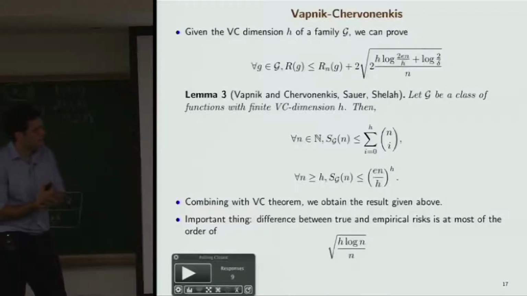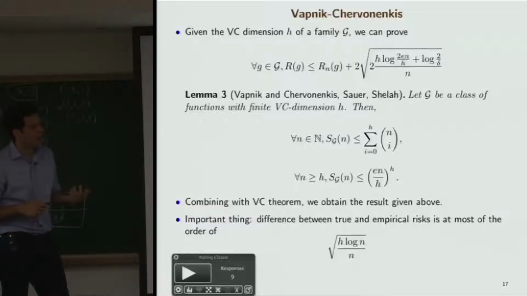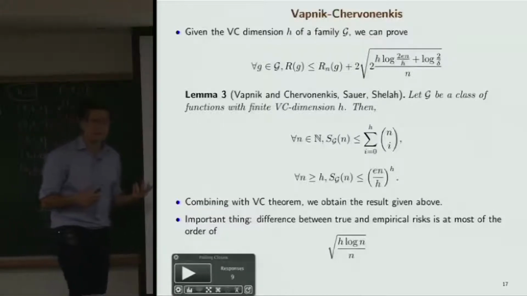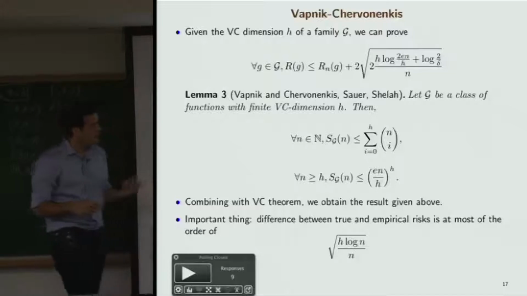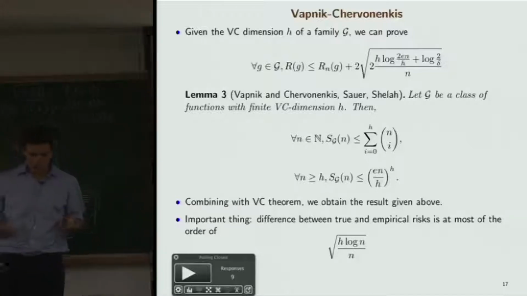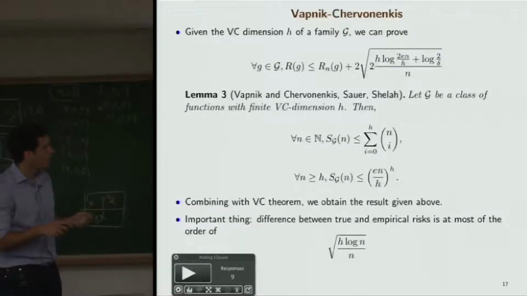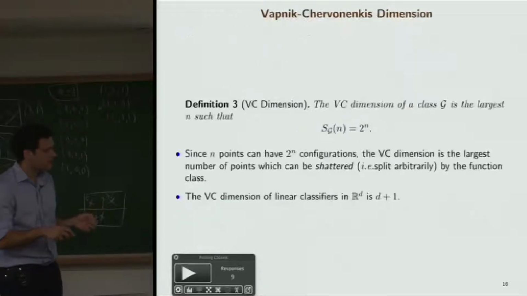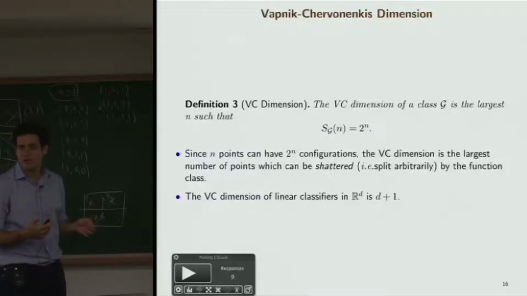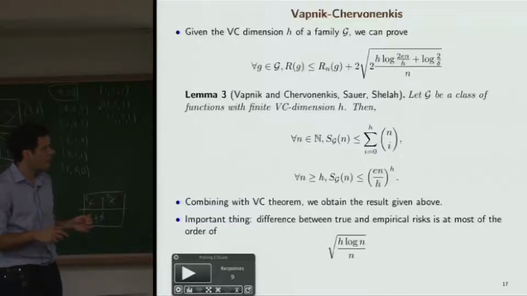And here you finally have access to a bound which is a bit more tractable, because you can see that h, at least in this case, we have been able to compute it. For linear classifiers, at least, we have been able to compute the VC dimension. And now we have a bound on the true risk with respect to empirical risk and this VC dimension.